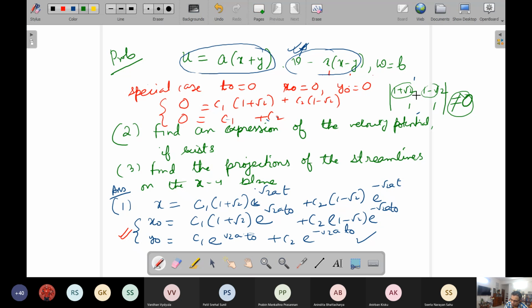Here it is just dependent on certain numbers, and since the numbers are not cancelling in the determinant, this is clearly not equal to 0.